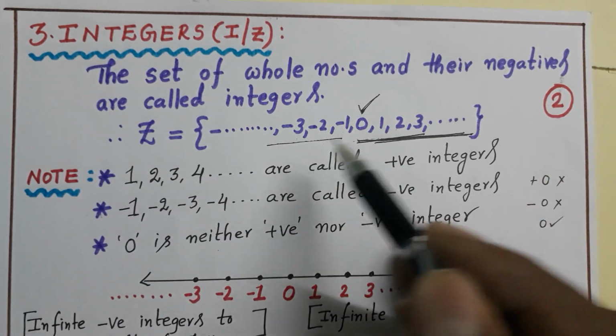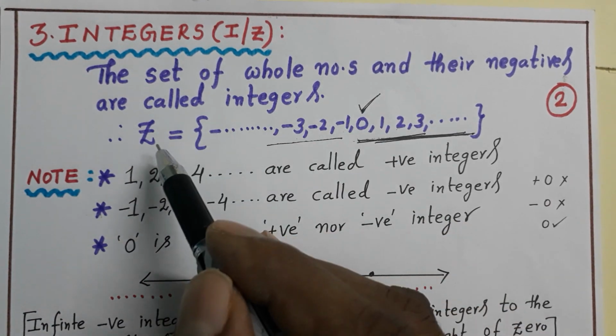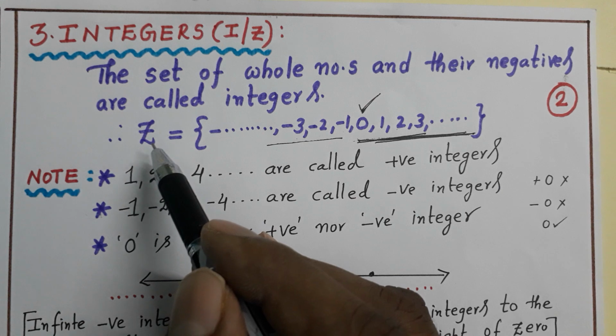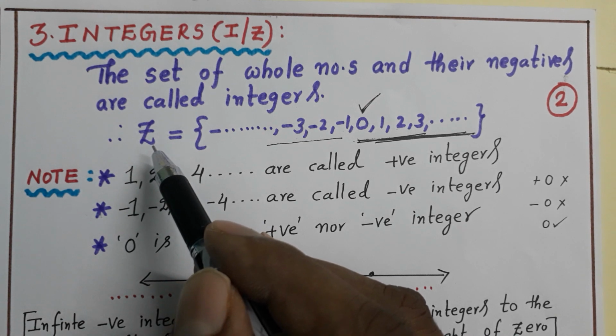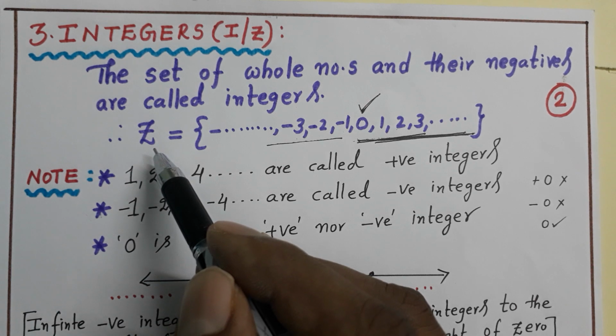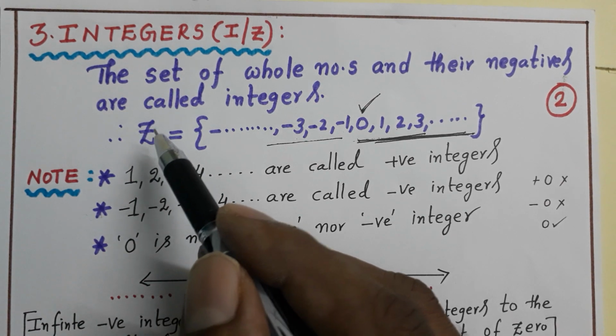All together this total set is called integers. Integers are denoted by the letter Z. Why do we denote the integers by the letter Z? Here Z is known as Zahlen, Z-A-H-L-E-N. It's a German word which means to count. That's why we represent the integers by the letter Z.